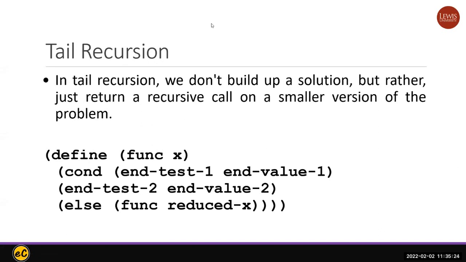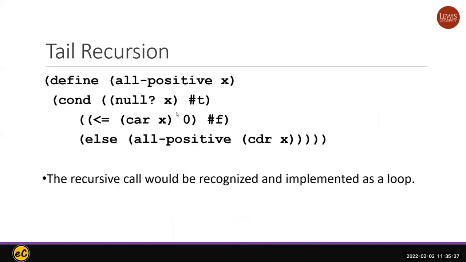Tail recursion is when you apply the function and you won't need any more operations after the function call. We call it tail recursion. So here, for all-positive, if the list is null you return true. Then if the number is less than or equal to 0, you return false.